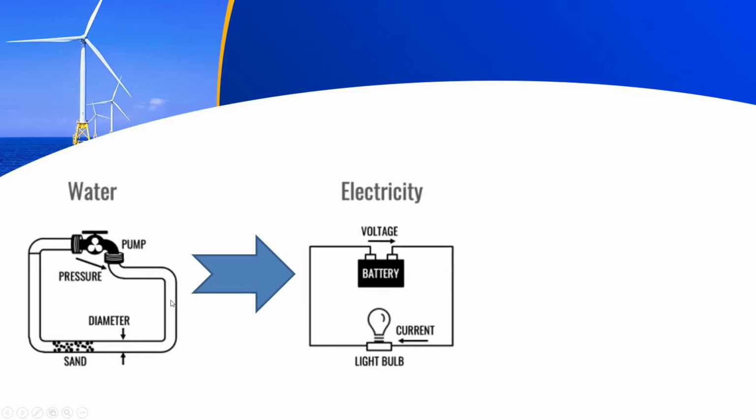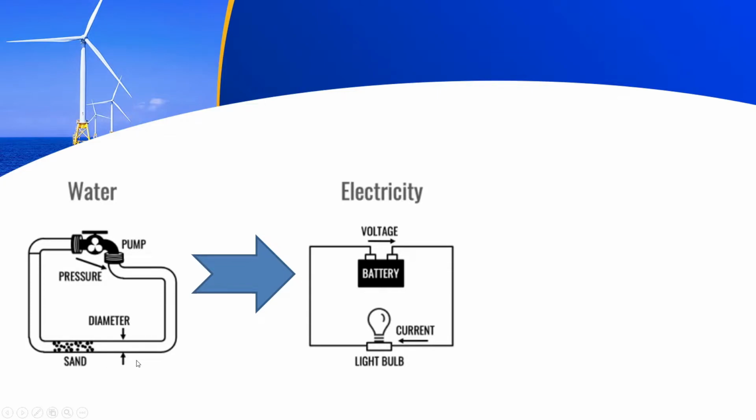Di ba? Pag napansin natin, kapag may barado yung hose natin, kaunti lang yung lumalabas na water flow. So, ganun yung concept ng resistance. Pagdating sa sand, siya yung humaharang.